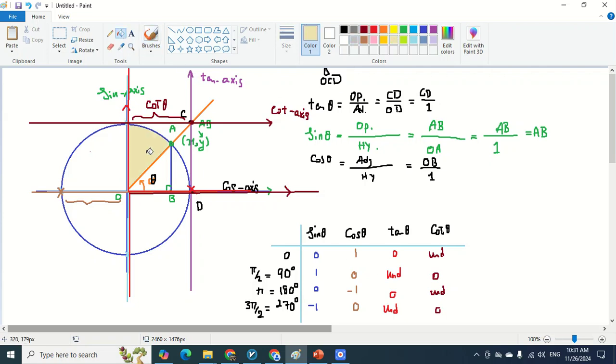So over this circle you can determine the sign of each of these trigonometric values. For instance, at the first region all of them are positive. At the second region the value of cosine is negative because x is negative, and the value of sine is positive.